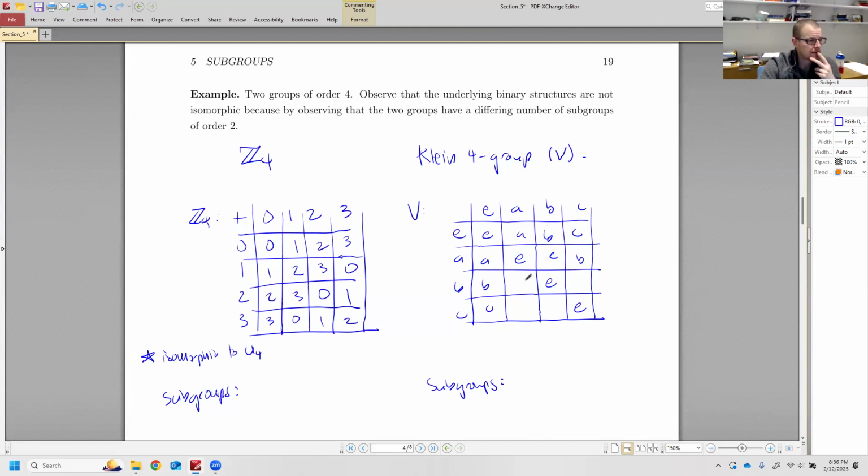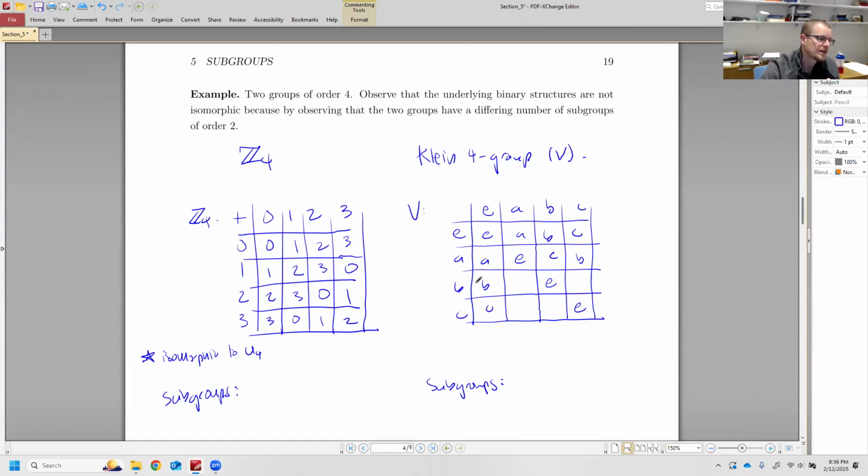Okay. I can use that same sort of argument for these two entries here. I can't have A in either of these two entries.